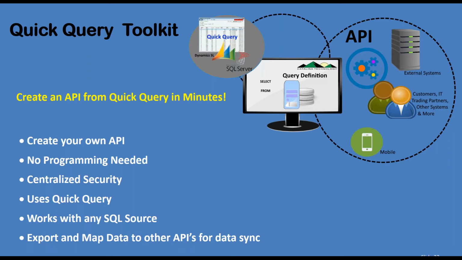No programming is needed. I'm going to show that hopefully in a quick demo. You can centralize your security, so it allows you to define which users will be able to access which pieces of data. Under the covers, it uses Quick Query, so you can create a Quick Query view and then use our tools that sit on top of that to do further filtering and give secure data access.